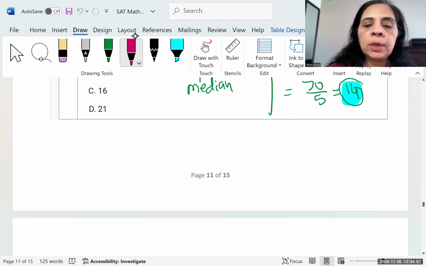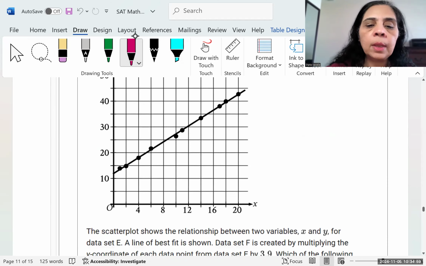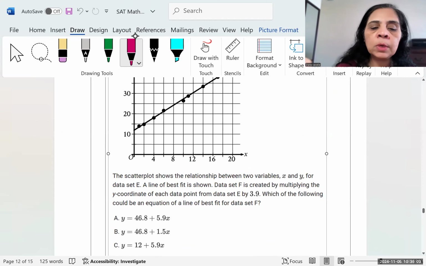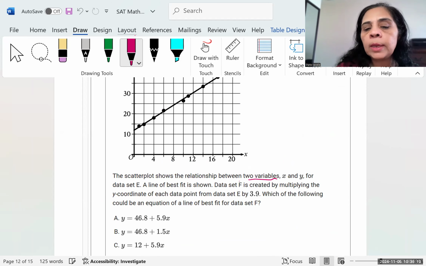Let's see, number 22. We are given a graph, a scatter plot. We have to find some keywords. The scatter plot shows the relationship between two variables, x and y. For data set E, a line of best fit is shown. All right, F is created. Now what does it say?